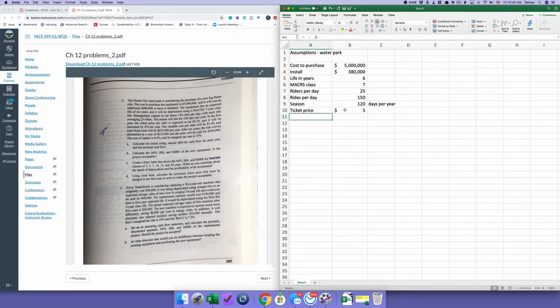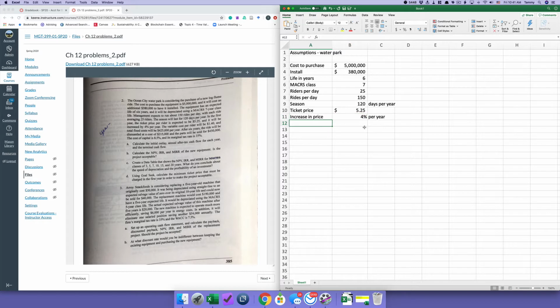And let's give that a couple of, oops, $5.25. And then the increase in price is going to be 4% per year. And this is all just a matter of not having the formatting right, which is why that was 0 up there.